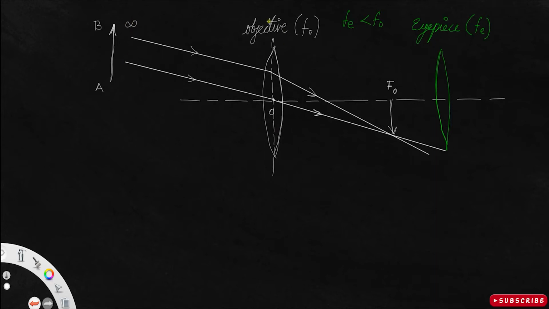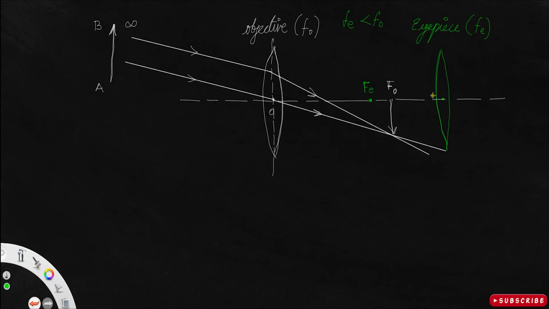Now the function of this objective, this part you listen carefully: the image formed by this objective should be within the focal length of this eyepiece. So the focus of the eyepiece should be somewhere here, so that this image is formed within the focal length of the eyepiece.